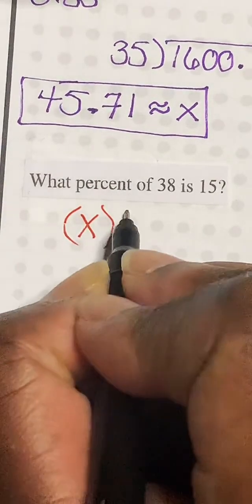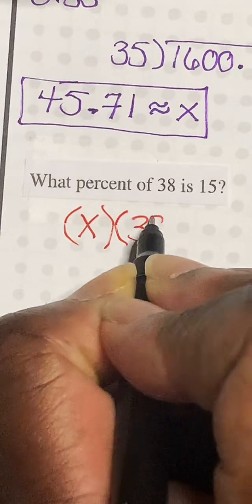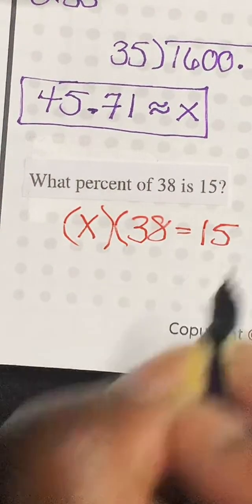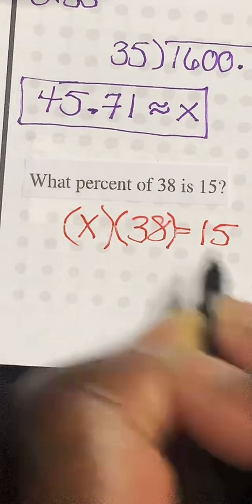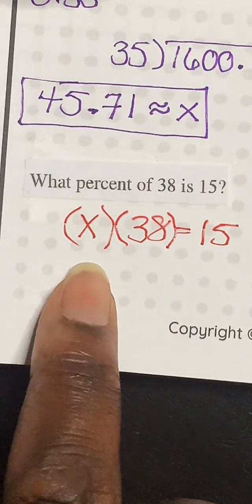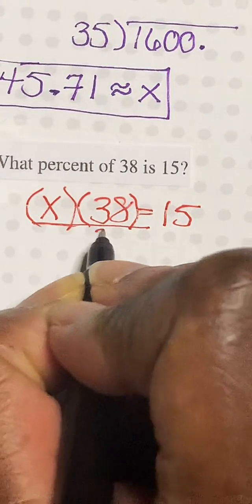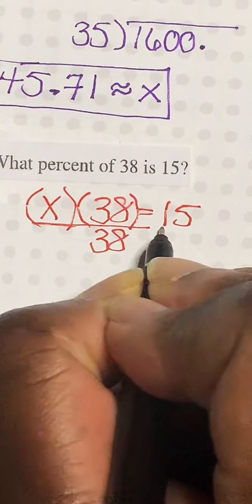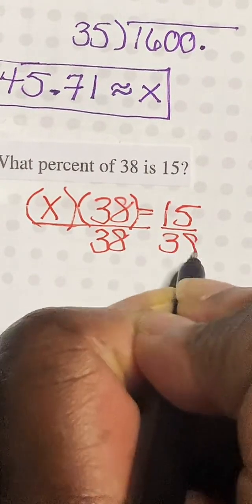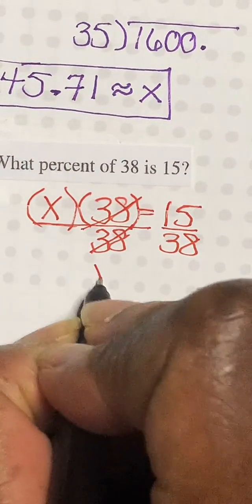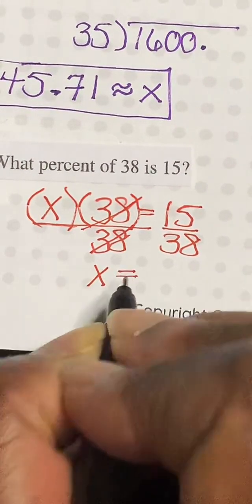We're multiplying that x to the 38 is equal to 15. Okay, so in order for me to get x by itself, I have to divide by 38. So the 38s are going to cancel out, leaving me with x equals.